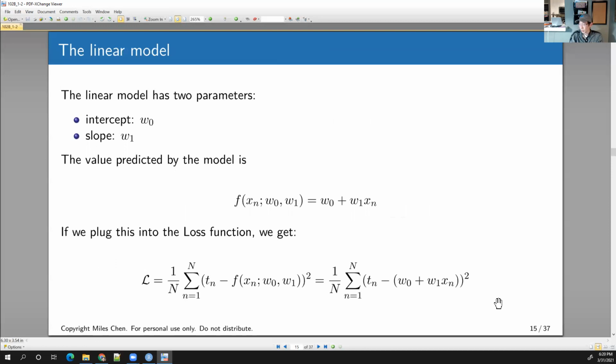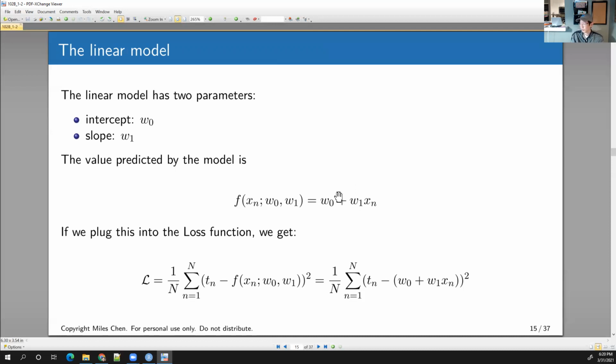As far as linear regression goes, we've got the two parameters, the intercept and the slope, and we want to find the intercept and slope that are going to minimize this loss function. If we plug in some value x_n, the output of this function is going to be the intercept plus the slope times x.